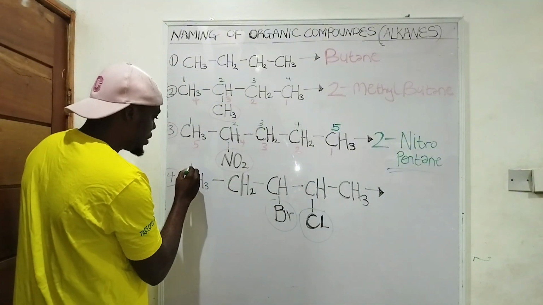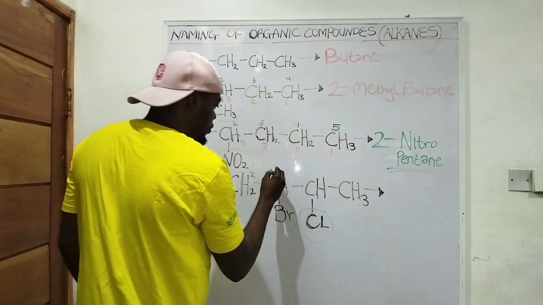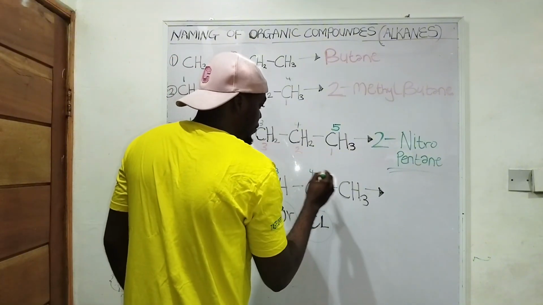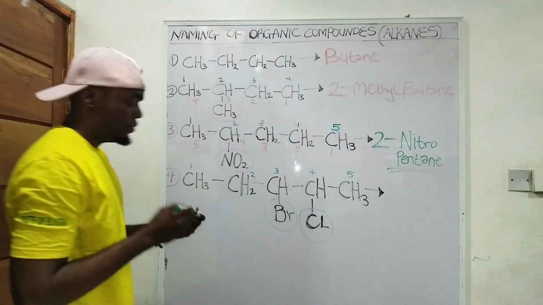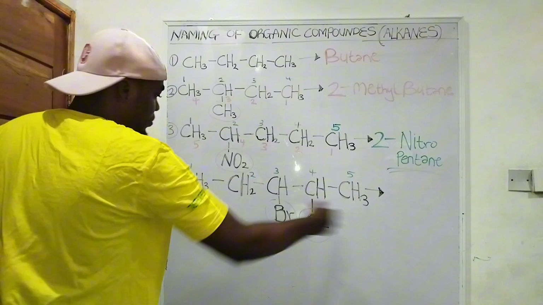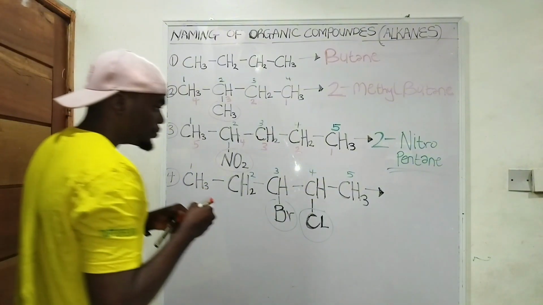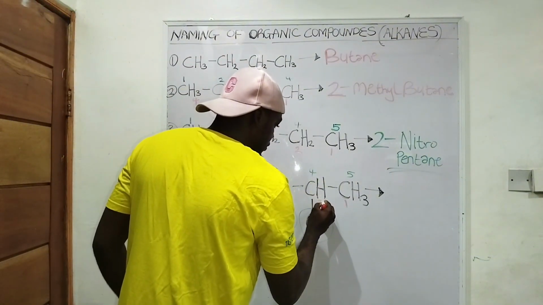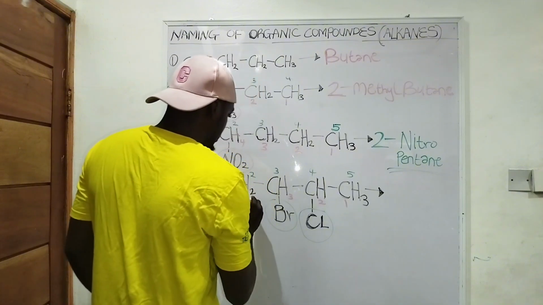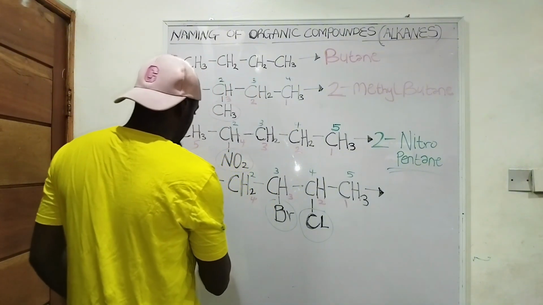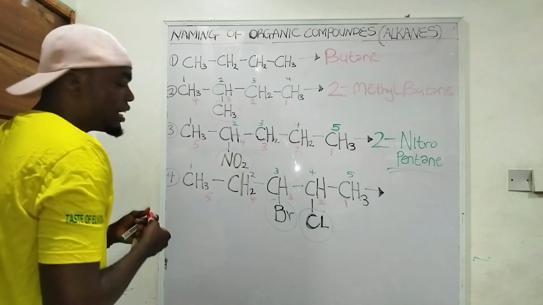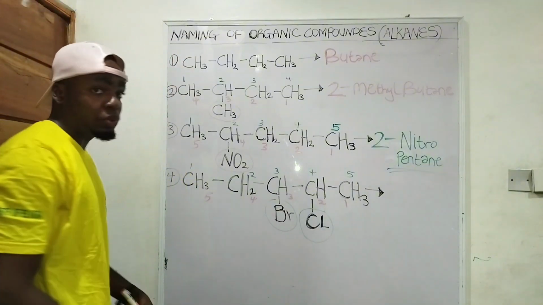So let's count 1, 2, 3, 4, 5. That's from left to right. Now let's count from right to left. 1, 2, 3, 4, 5. So which direction do you think we give these two substituents the lowest number possible?